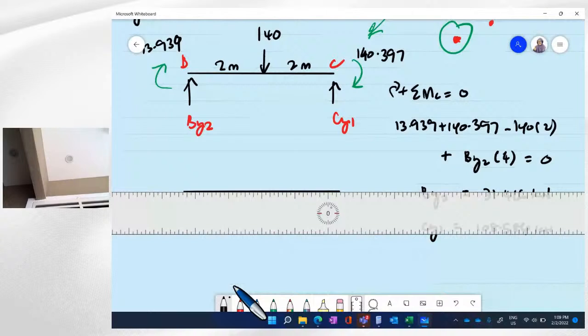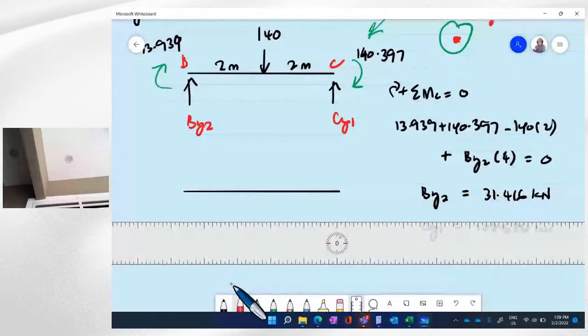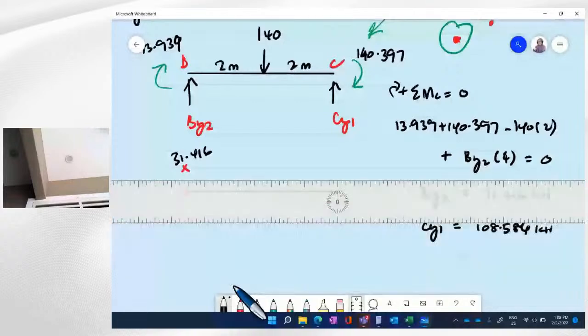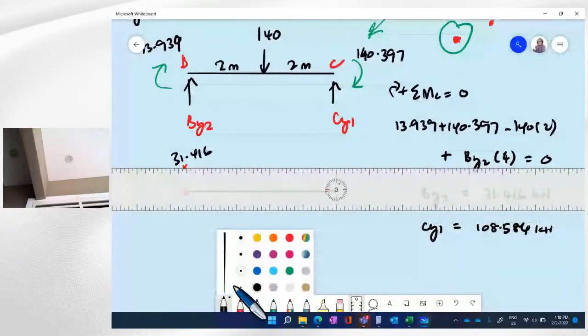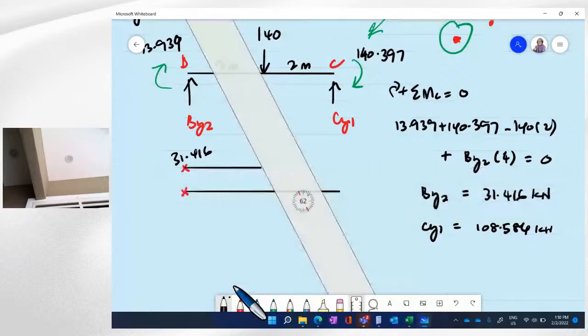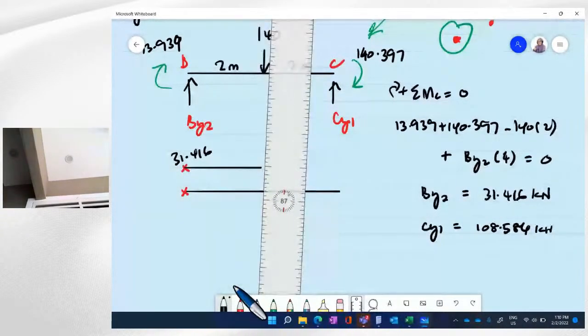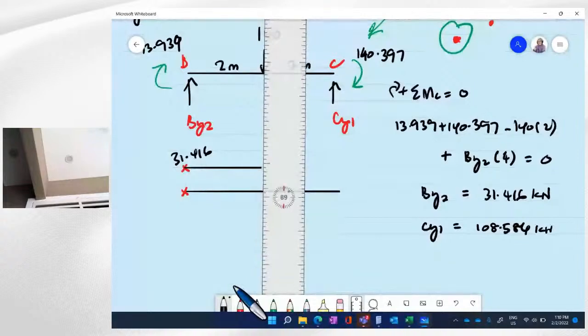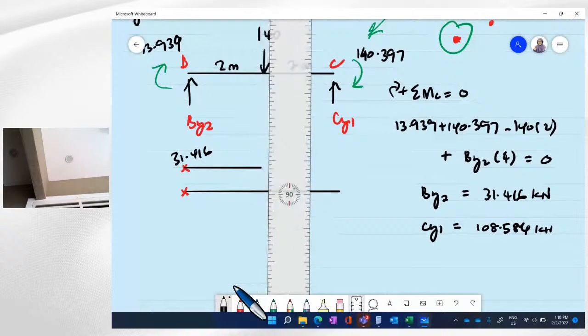Okay, start from 0. BY2 is positive 31.416. Okay, go straight until the point load. And then go down by the amount of 140.